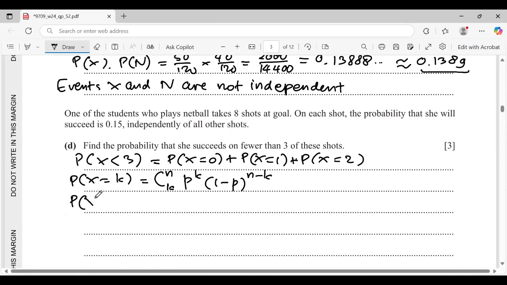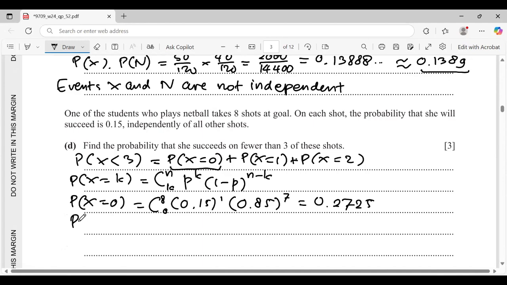First the probability X equals 0: the combination 8 choose 0, times 0.15 to the power 0, times 0.85 to the power 8. If you calculate, the result is 0.2725.